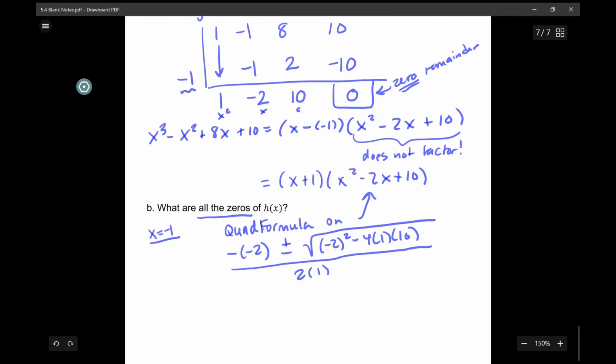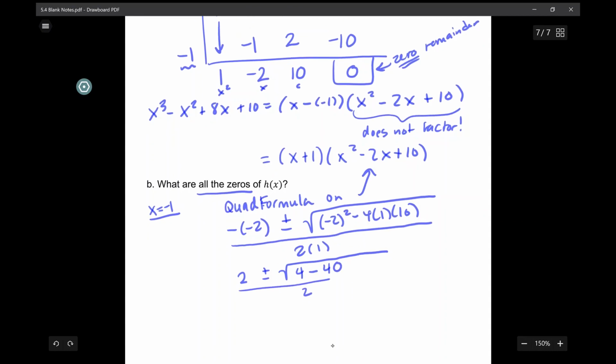Let's just double check that. Minus b plus or minus the square root, b squared minus 4ac all over 2a. Okay, so that's 2 plus or minus the square root, and that's 4 minus 40 all over 2.